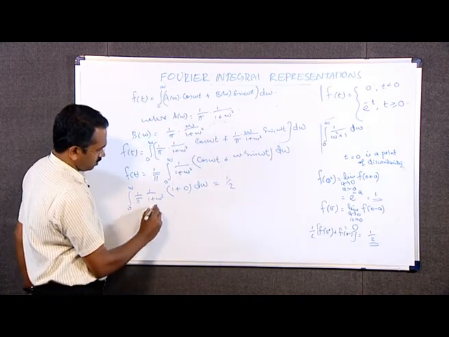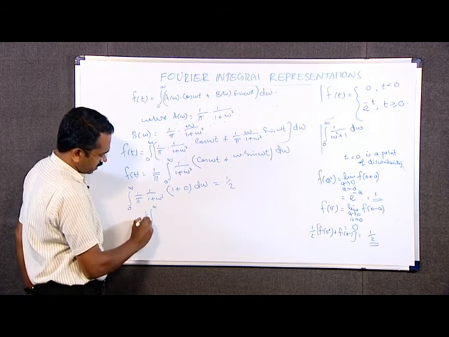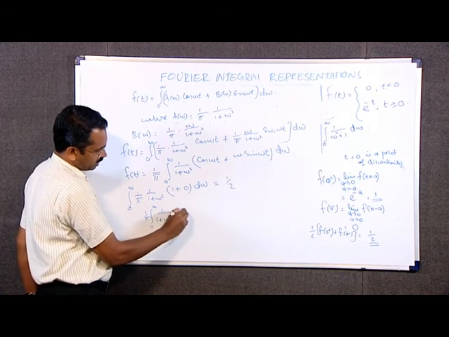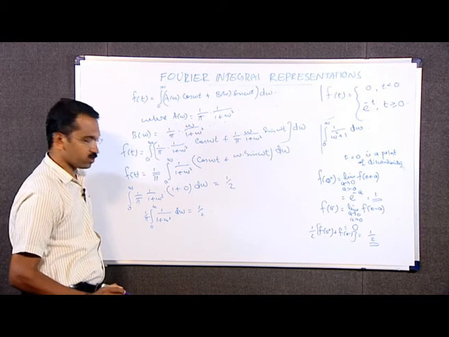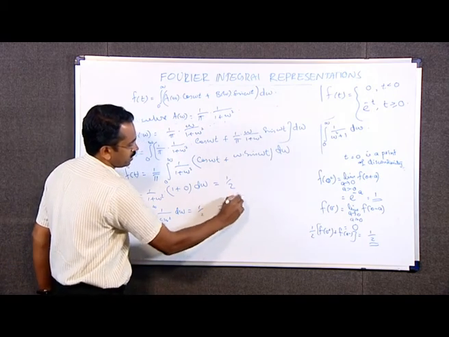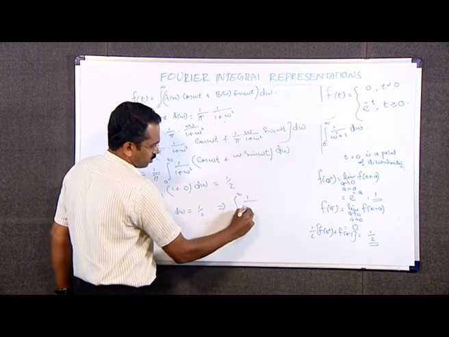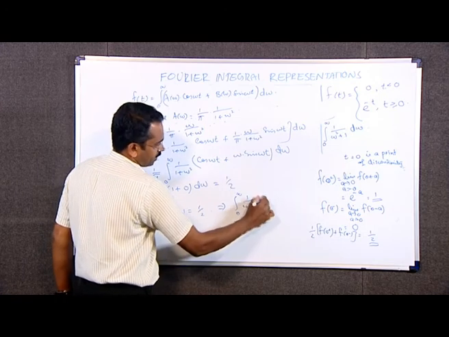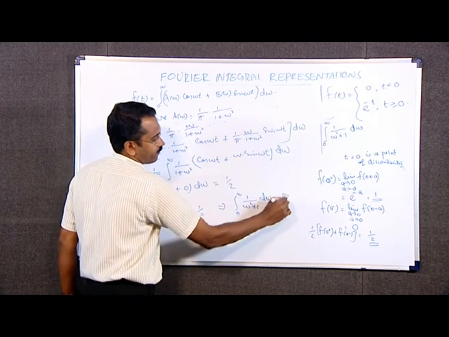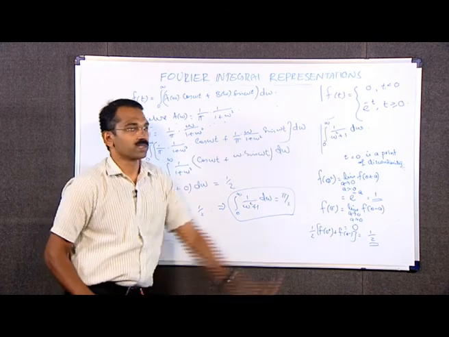That is, 1 by pi can be taken outside, integral from 0 to infinity 1 by 1 plus omega square d omega is equal to 1 by 2. That means integral from 0 to infinity 1 by omega square plus 1 d omega is equal to pi by 2. This is the value of this integral.